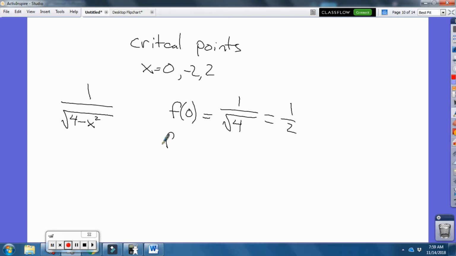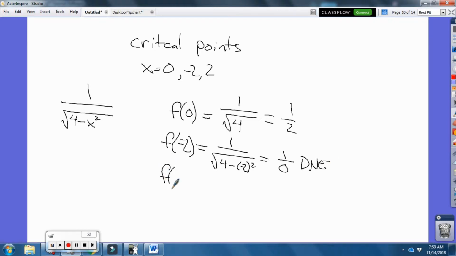Let's find f of -2. F of -2 is 1 over the square root of 4 minus -2 squared, which is 1 over 0. So it does not exist. And f of 2 is going to be the exact same thing, 1 over the square root of 4 minus 2 squared, which is 1 over 0. It does not exist.